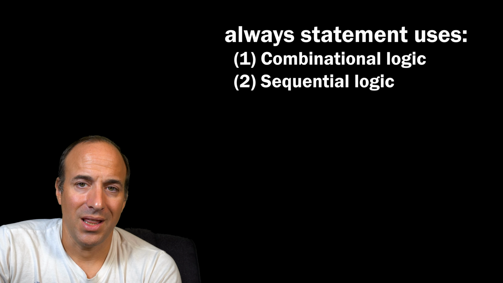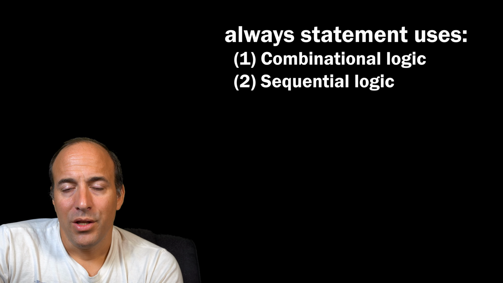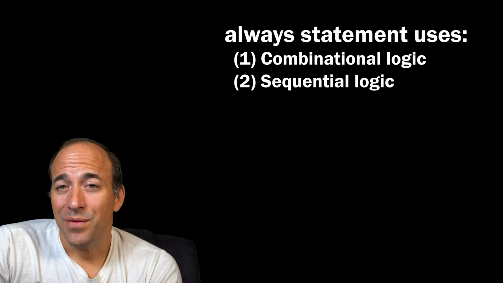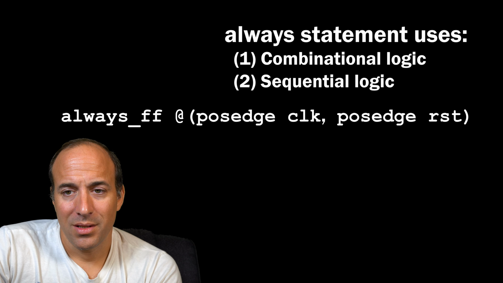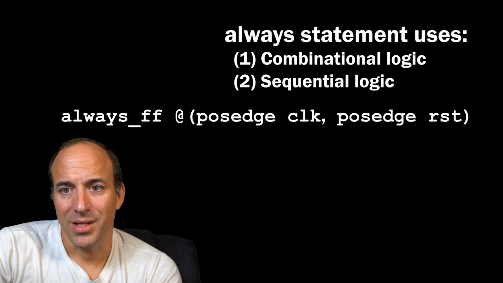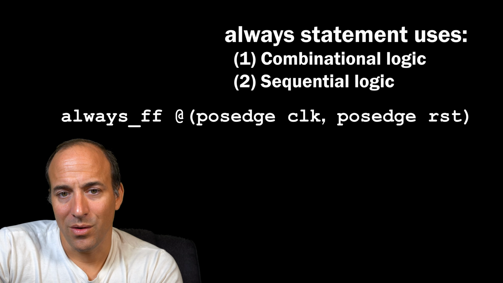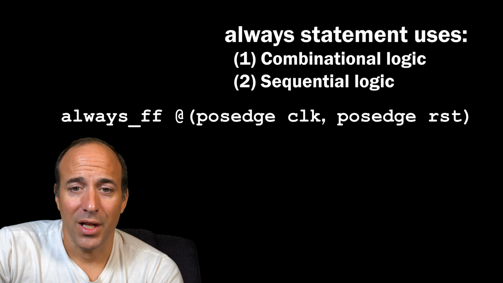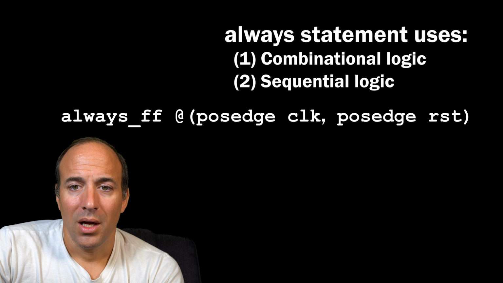Building sequential logic doesn't require a lot of code. Basically, you use the always_ff variant of the always statement. So it's the always_ff keyword followed by the @ symbol, and then a list of activation signals in parentheses. Typically, the activation signals are posedge followed by the clock signal, meaning that the block would trigger on the rising edge of the clock.